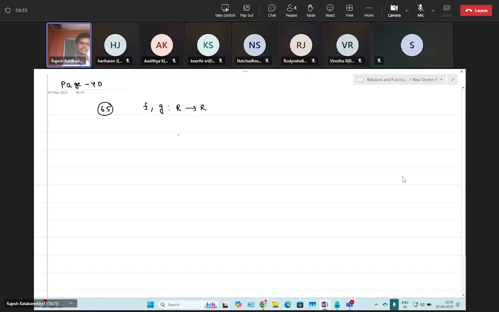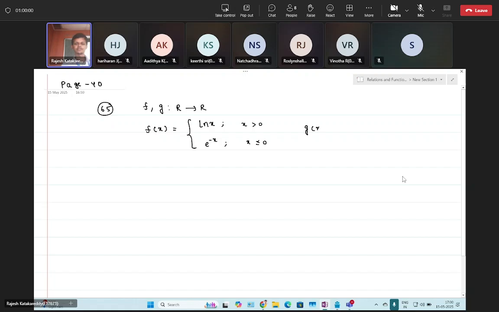Now the function f of x is log x base e, which we can write as ln of x, the natural logarithm with base e, when x is greater than 0, and e power minus x when x is less than or equal to 0.